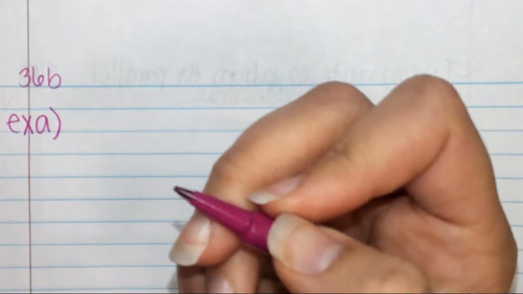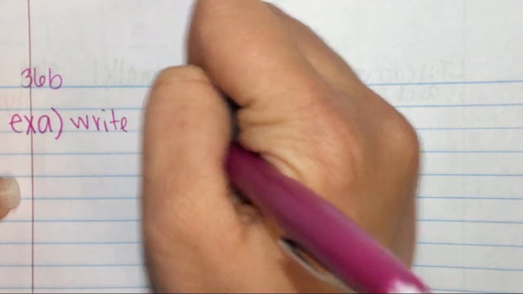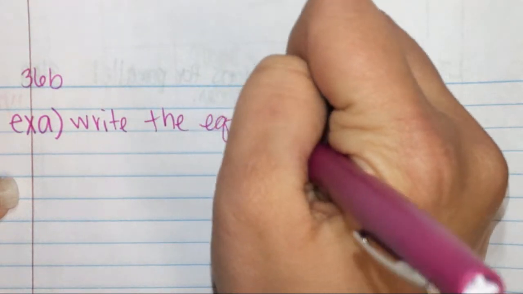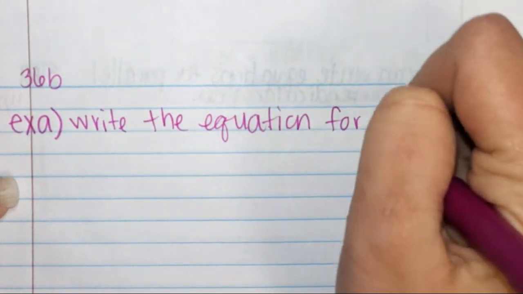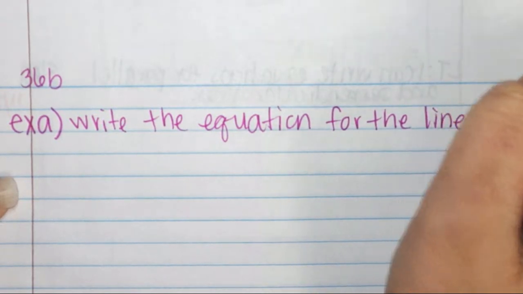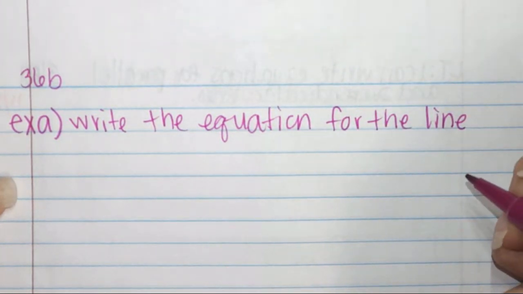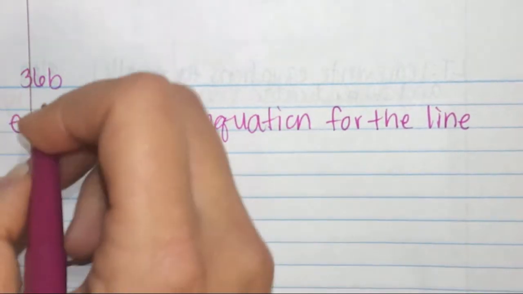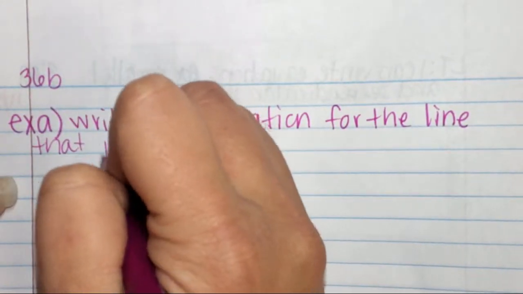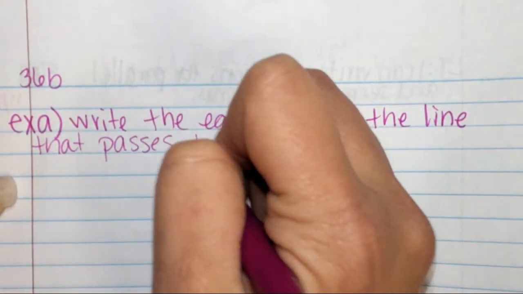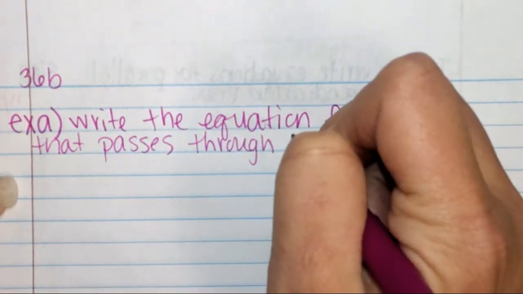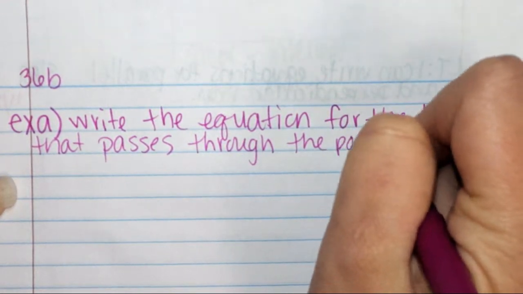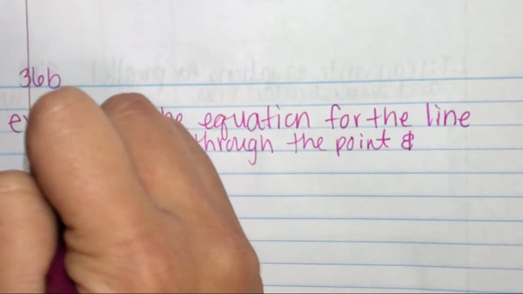All right, example A. We're on the back. We're going to practice our parallel lines. So the directions say, write the equation for the line that passes through the point and is parallel to the given line.